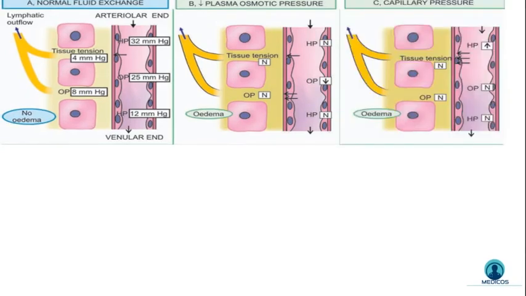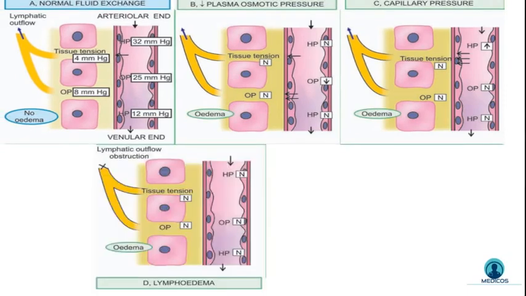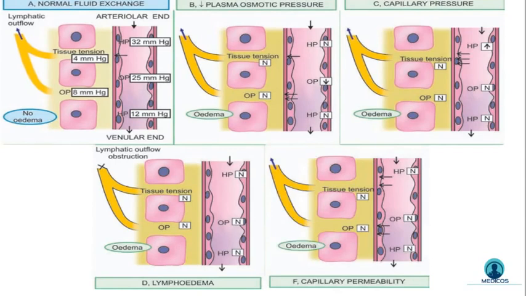When there is increased capillary hydrostatic pressure, there will be increased extravasation, which also leads to edema. When there is lymphatic obstruction, the extra fluid that should have been drained by the lymphatic system will accumulate and again lead to edema. And when there is increased capillary permeability due to endothelial injury or inflammation, there will be increased extravasation.